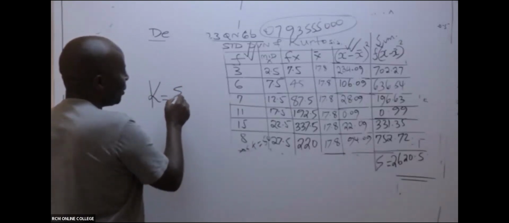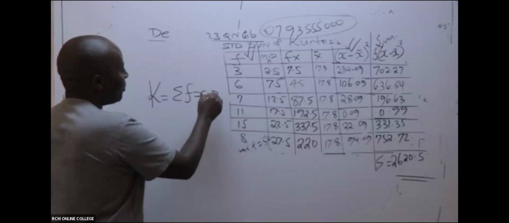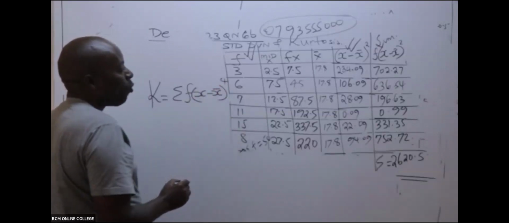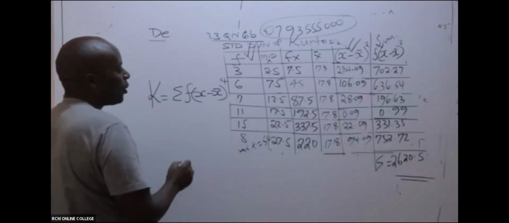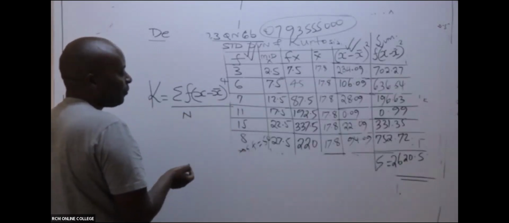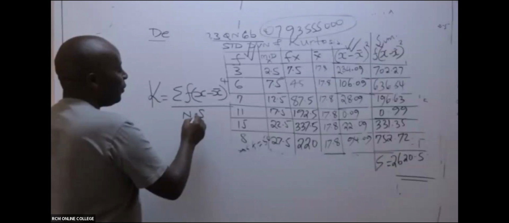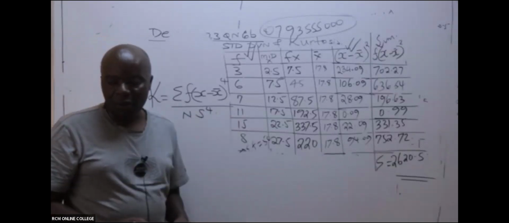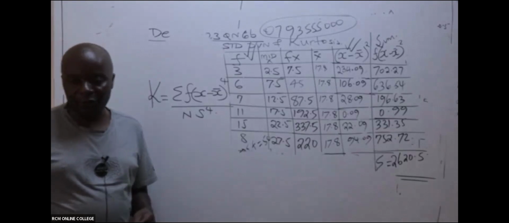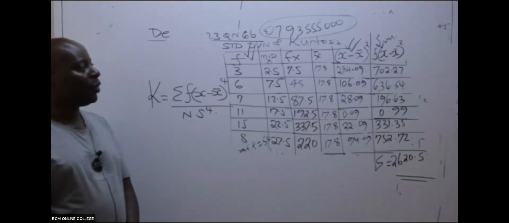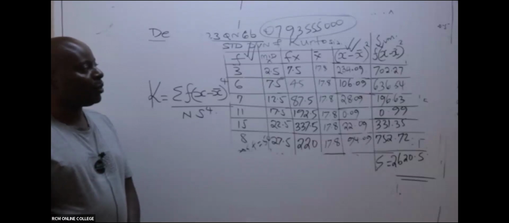It is the summation of frequencies times (X minus X bar) raised to the power 4, divided by N, the 50 students, times the standard deviation raised to the power 4. This is the formula we would want to use.